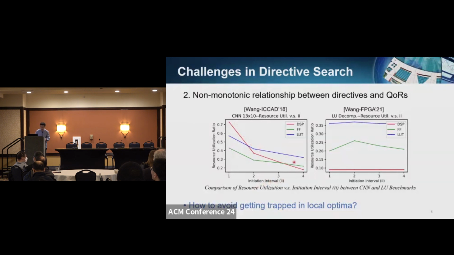By contrast, because there are lots of loop carried dependencies in the LU design, extra logic is used to buffer the result between clock cycles. So the resource utilization first goes up, and then it also decreases because of a similar resource sharing mechanism. So this is a non-monotonic relationship in the problem.